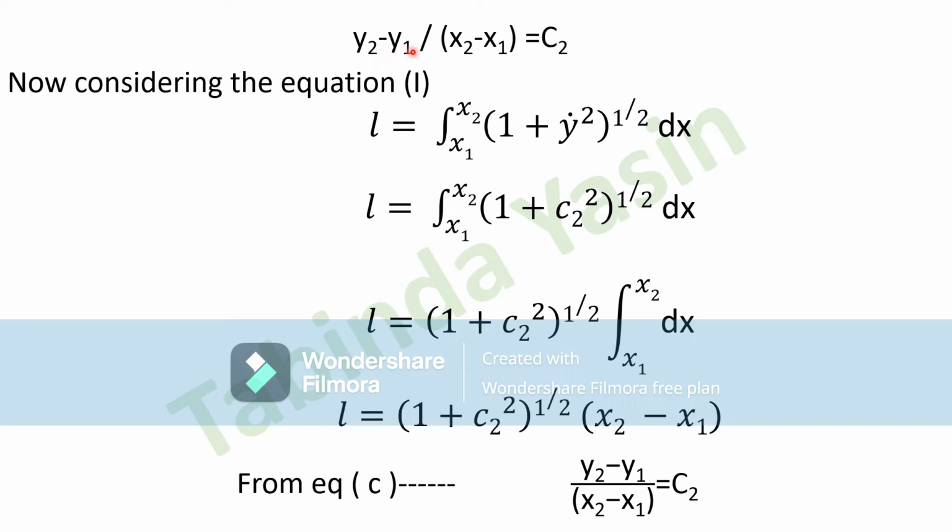We got y2 minus y1 over x2 minus x1 is equal to C2.